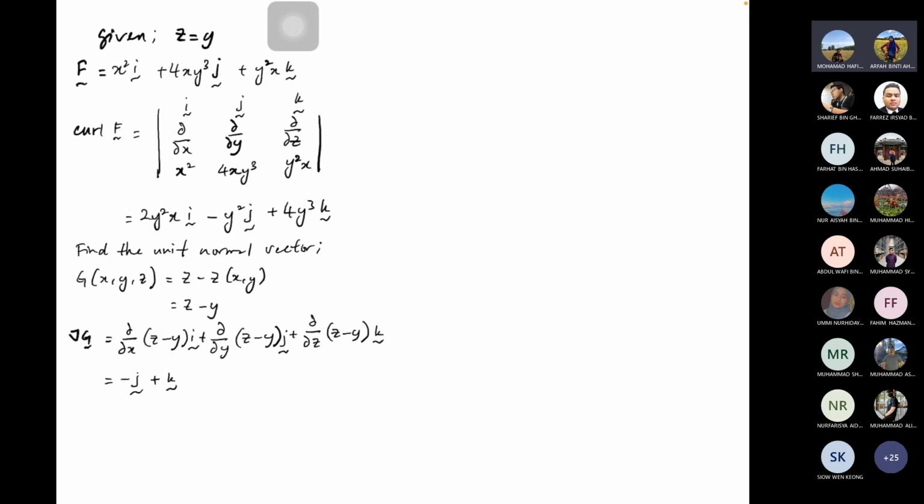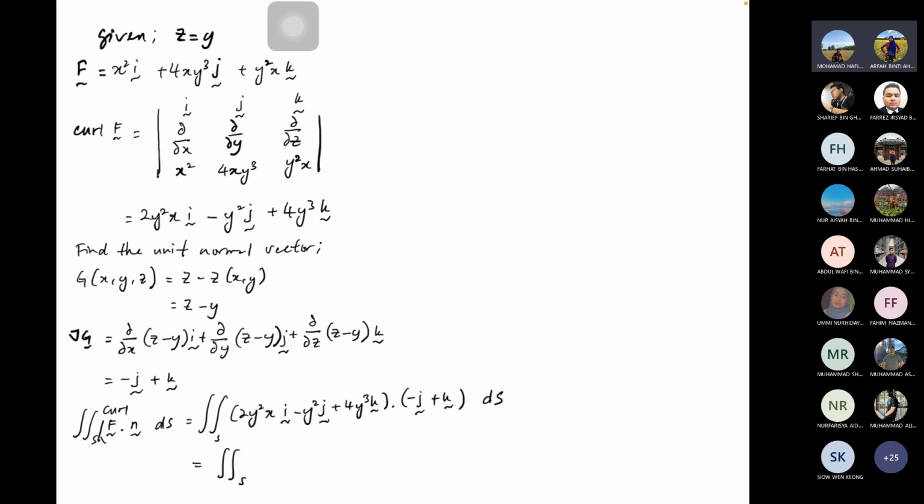So then dapatkan dia punya the surface integral, integration over the curve S f dot n dS. It will be integration over the curve S curl f, okay, curl f equal to 2y squared x i minus y squared j plus 4y cubed k, having the dot product with negative j plus k dS.